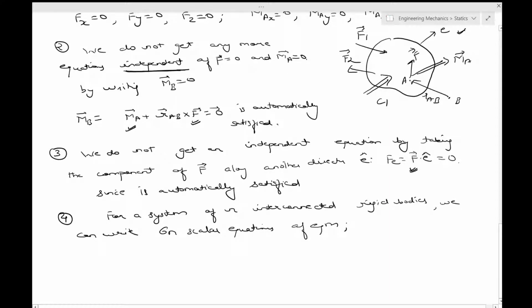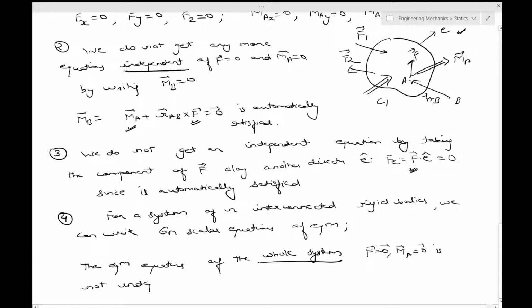Now the important part is that the equilibrium equations of the whole system are not independent of these 6n equations.